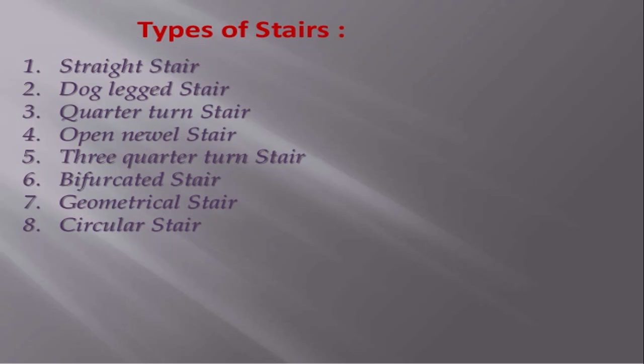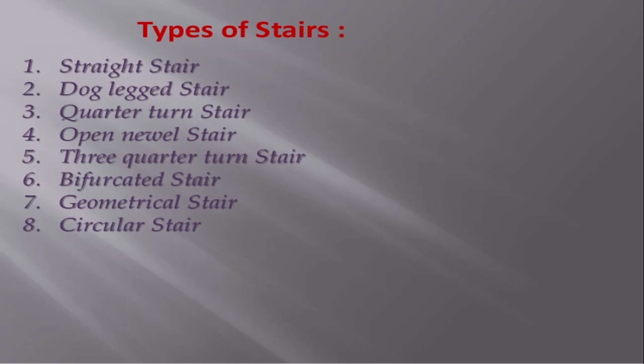According to the design, the aesthetic views, or the architectural views, you have to change the design of the stairs. So the change in the design of stairs led to the different types of stairs.